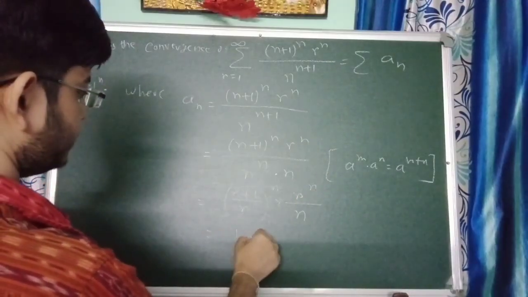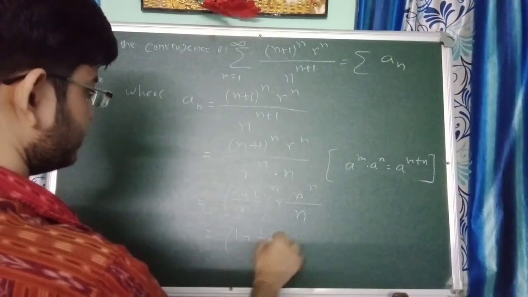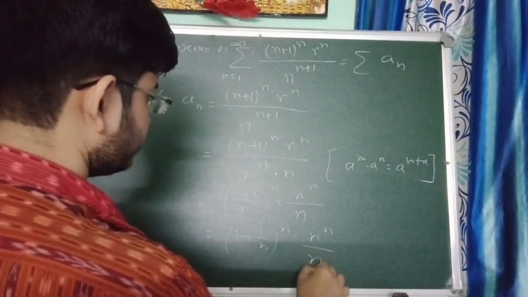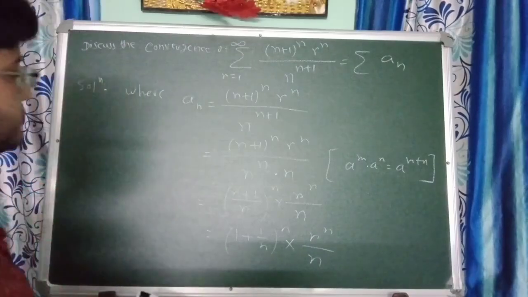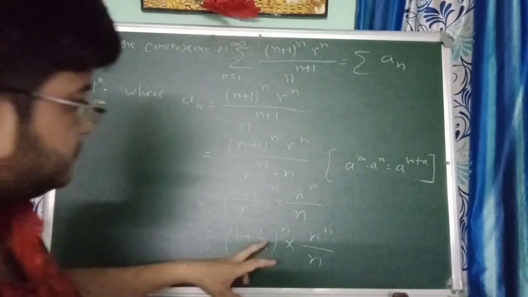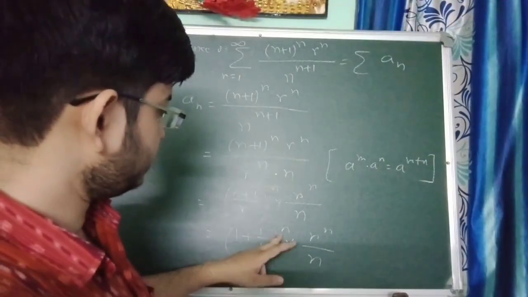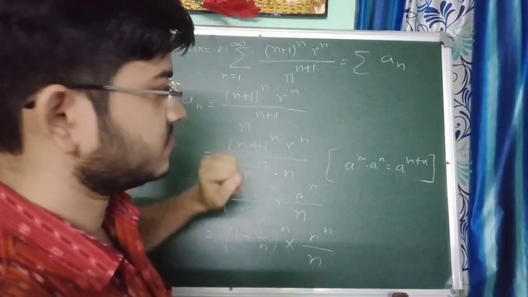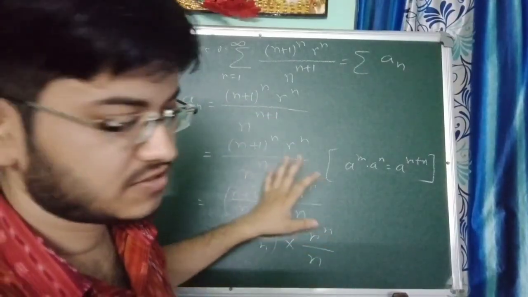This becomes (1 plus 1 by n) to the power n into r to the power n by n. Since here also some expression to the power n arises, we must apply the root test.